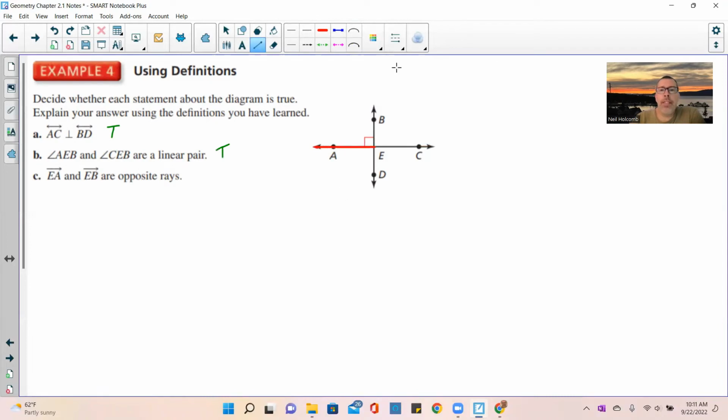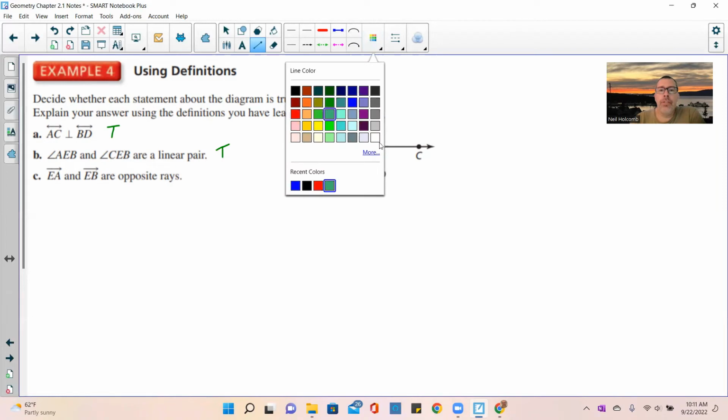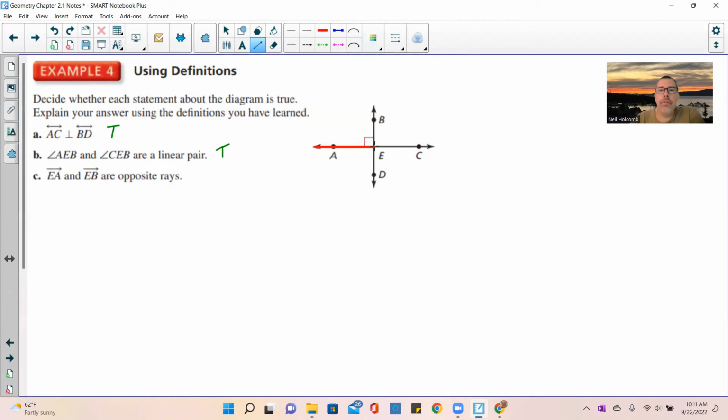And ray EB, I'll do in green, is right there. It says ray EA and ray EB, excuse me, are opposite rays. Well, that's not true. Ray EA and ray EC are opposite rays. So this is false.